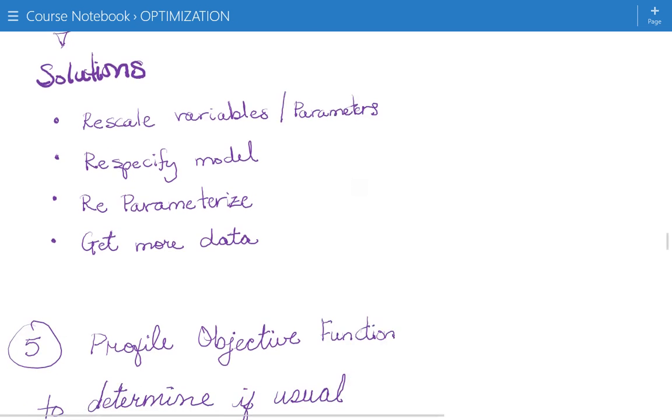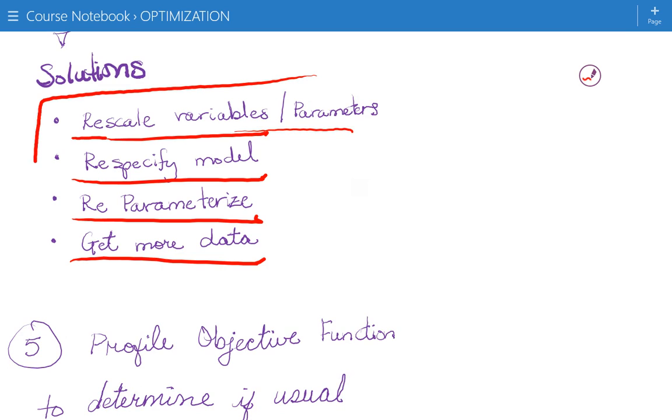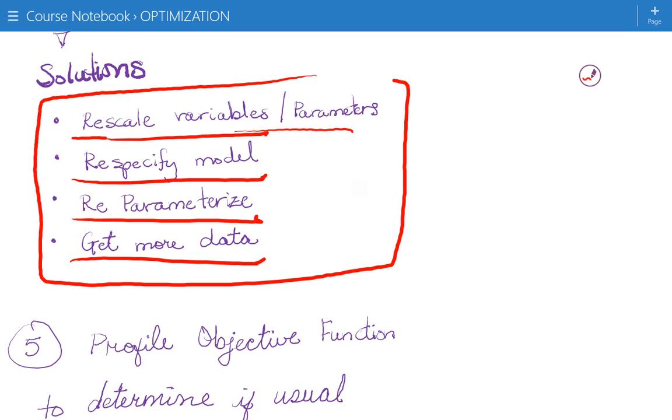So how do we solve issues? Well, again, you can rescale the variables. You can respecify the model, as we said before. You can reparameterize, and you can get more data. That's essentially what you have available to you. Or you can start at a different starting point if that's the problem, with different initial values.